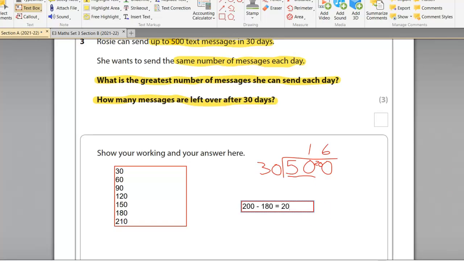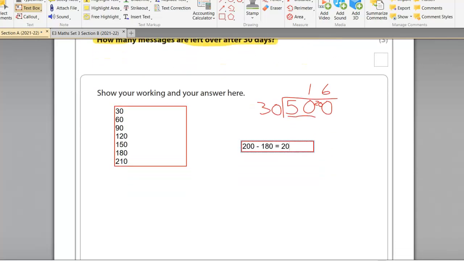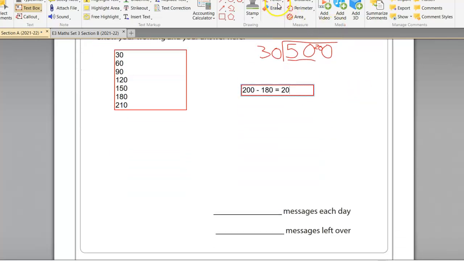is 20. So our answer here is that they can send 16 messages each day, and they're going to have 20 messages left over.